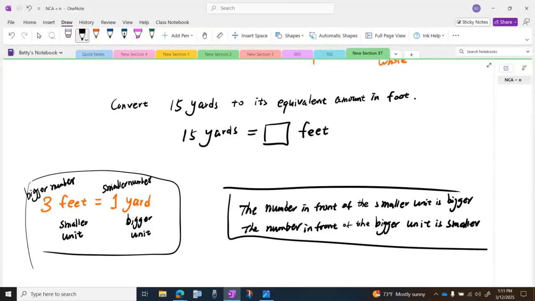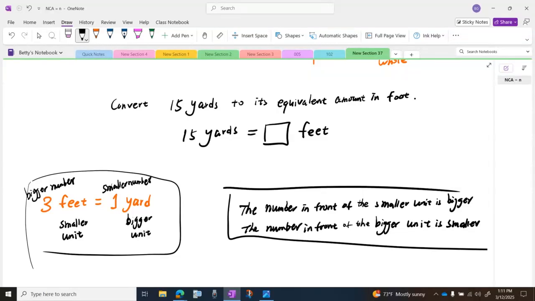When you have two units, occasionally the two units are the same. Maybe the name is different, but they are actually the same unit. But most of the time, the two units are different. One unit is smaller, the other unit is bigger. And the very important thing we need to know is the number preceding the smaller unit is bigger.